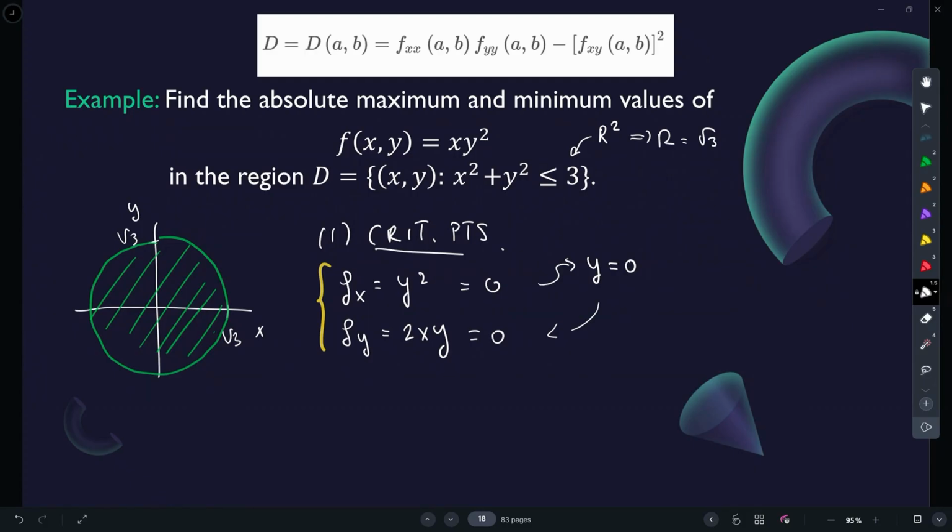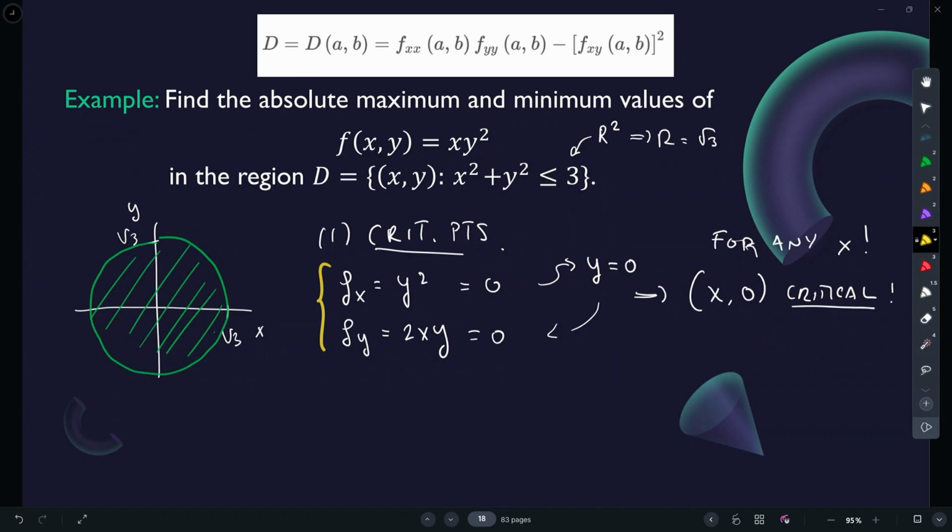So there's actually a lot of critical points. Any point, any x, comma 0 will be critical, for any x. So what points are those that are critical?